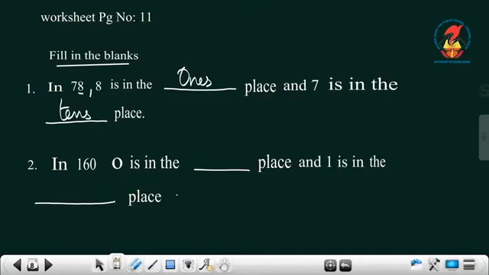In 160, 0 is in the dash place. That is, 0 is in which place? Ones place. And 1 is in dash place. 1 is in hundreds place. Got it? 2 more questions are there. You have to do it yourself.